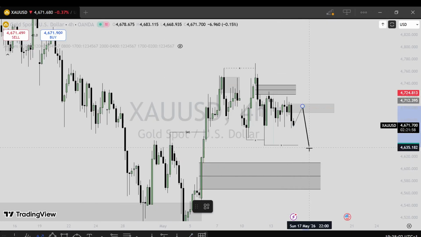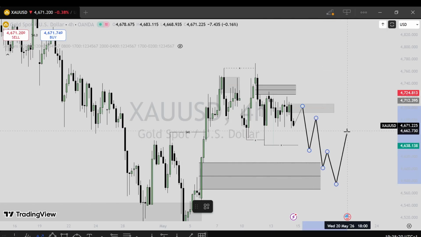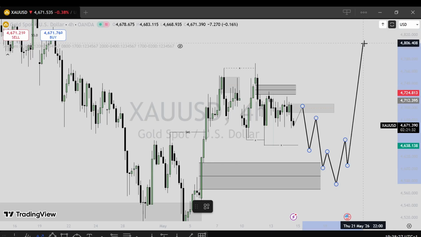After tapping into the order block, price might dive down, sweeping this liquidity, creating a break of structure here, then maybe retrace a bit, then dive into this particular point of interest, then creates a shift in market structure here. Then our entry should be right in this place.